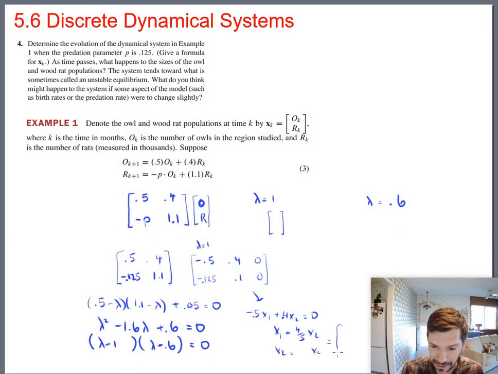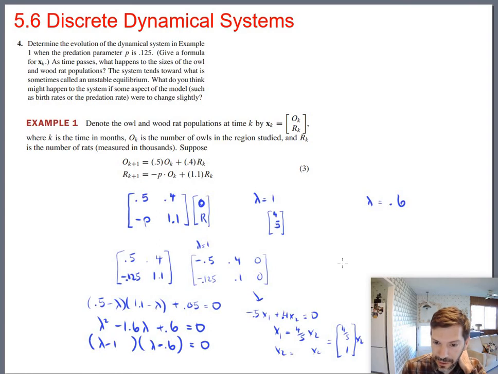So the eigenvector is any multiple of 4/5, 1. And as usual, I kind of like to see whole numbers, so let's choose x2 to be 5, so we get 4, 5 as the eigenvector for the eigenvalue of 1.